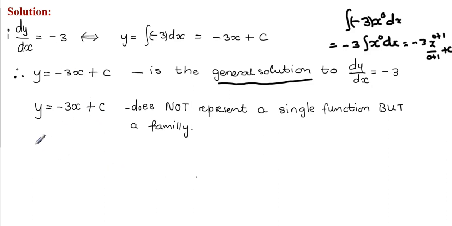For example, if we take y equals minus 3x plus 4, this is one of the members of this family represented by this expression. Similarly, if we've got y equals minus 3x minus 5, you will see that this is also a solution to that.